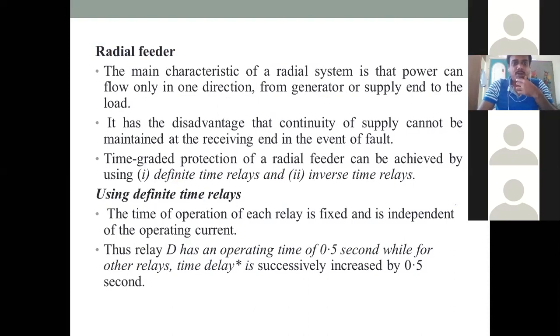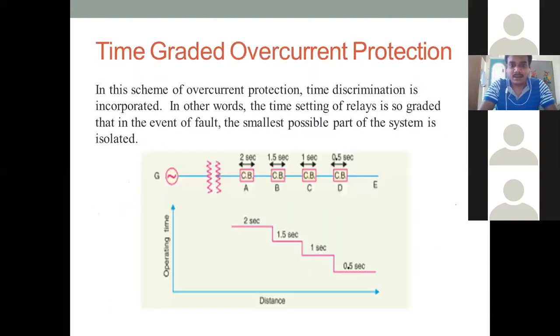It has a disadvantage: for example, if any problem occurs at the B point, and suddenly this relay operates and the circuit breaker opens, then C and D will not get any supply. So after that you will not have continuity of the supply.